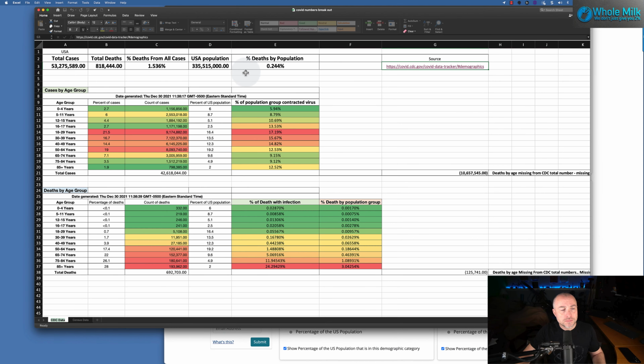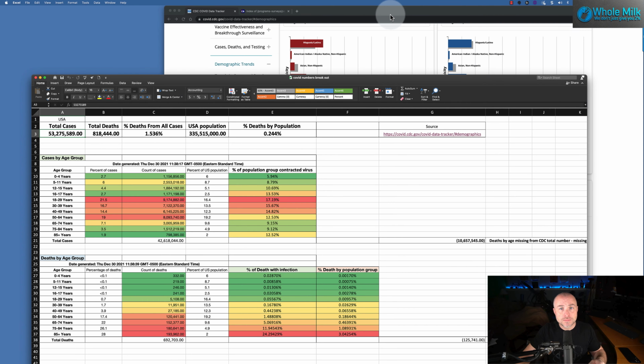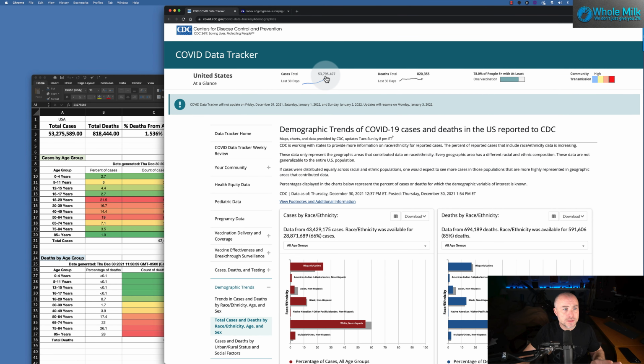My Excel breaks down all of this data and goes over some basic percentages to give you guys an understanding of who this is impacting, and what your probability or percentage of death is based on group and population. So in the United States, they're saying 52 million or 53 million cases. That was from the top of this chart, 53,795,759.